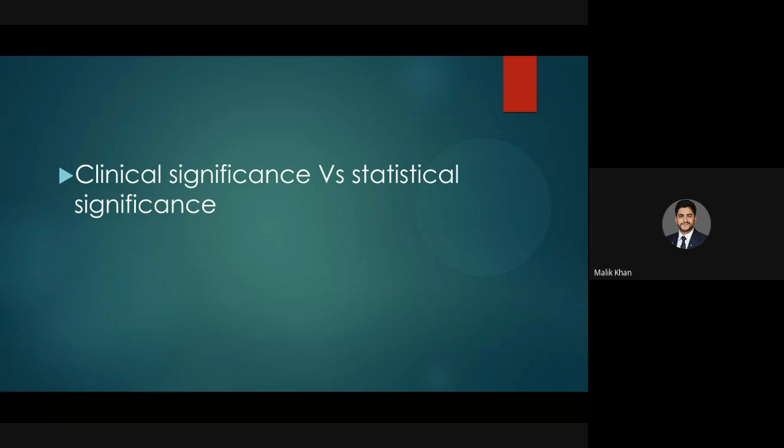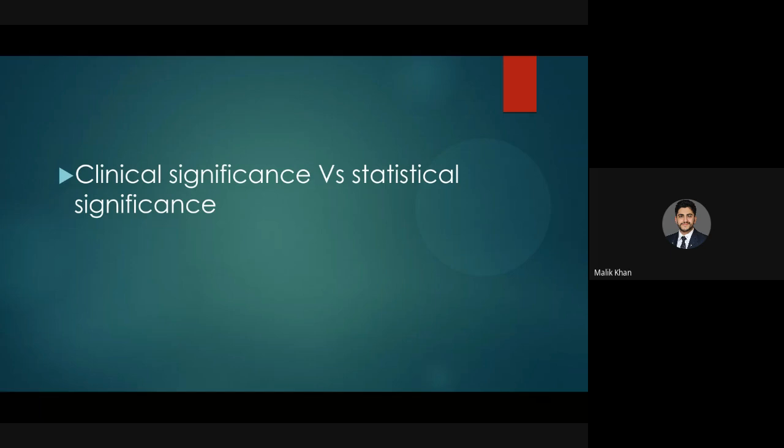It tells us the relationship between variables is caused by something other than chance alone. It wasn't just a random chance that smoking caused lung cancer. There was something in the smoking that caused lung cancer.